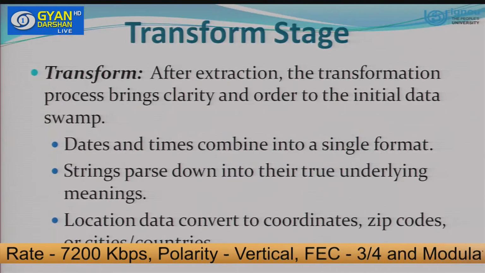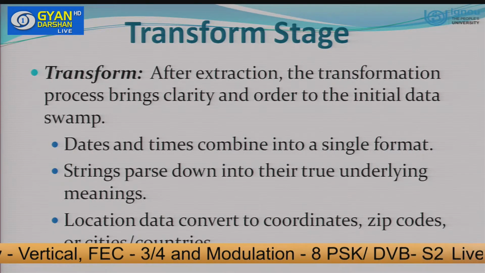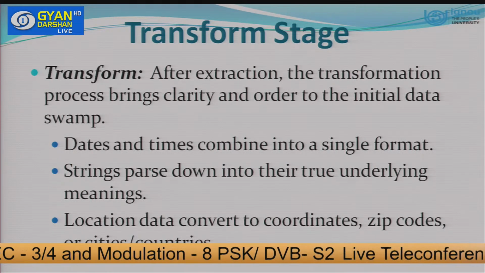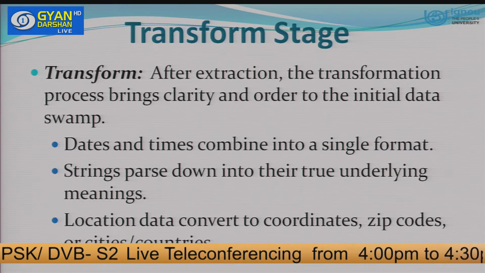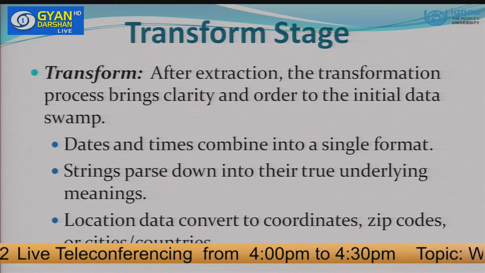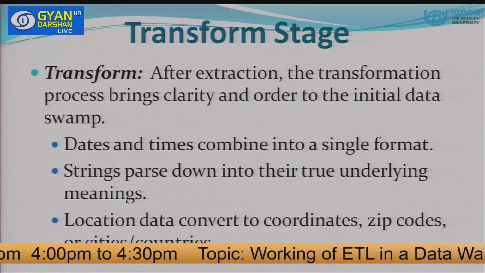Then coming to the transform stage. After the extraction has taken place, the transformation process brings clarity and order to the initial swamp. All the data is lying in various formats here. Not all of it comes directly from relational databases.